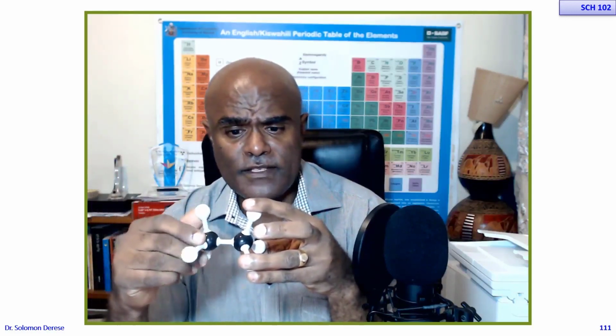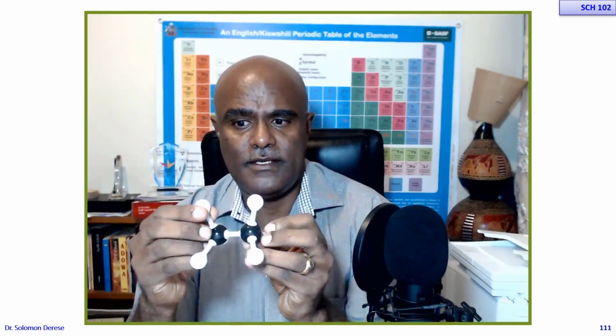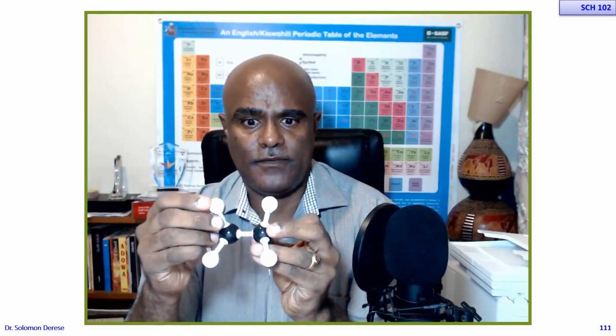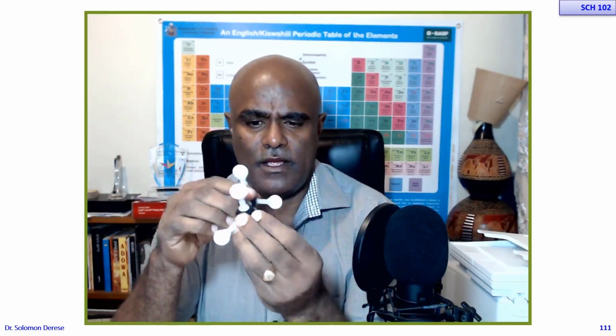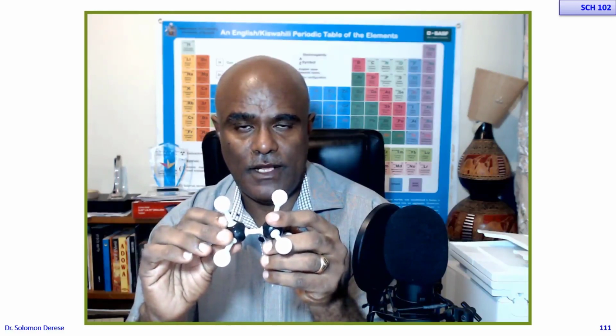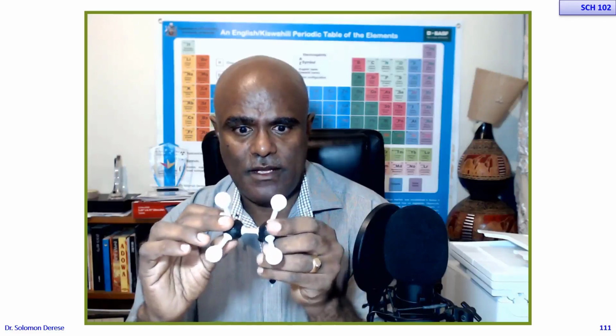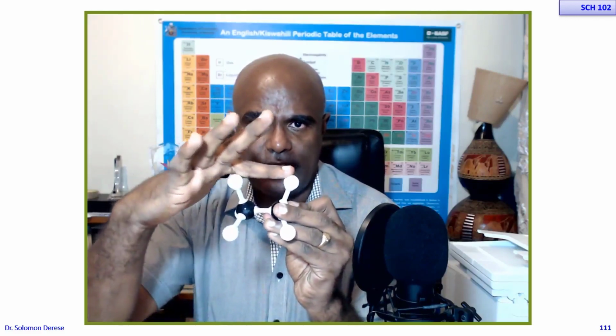Now, as it rotates, first let's start here, where this hydrogen is facing this one, this one is also facing this one, and let us rotate it. If we rotate it by 180 degrees, remember in this conformation these two are facing each other like this.